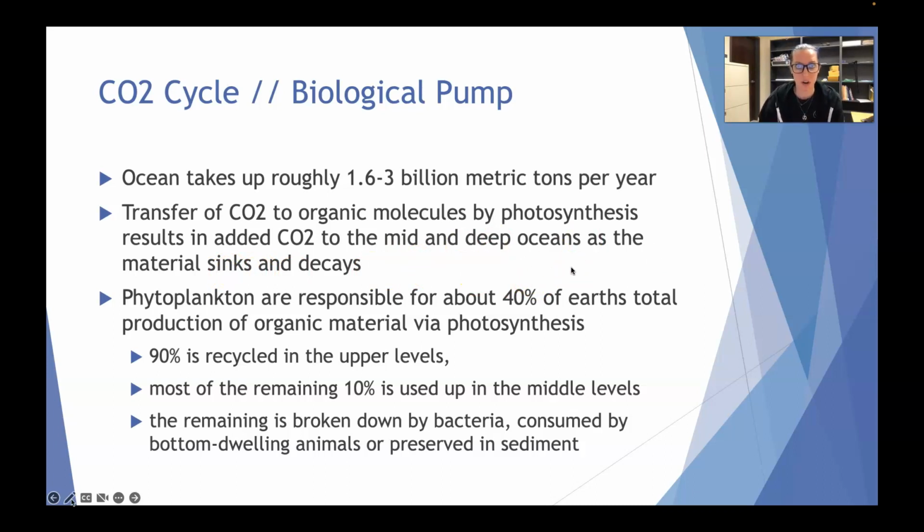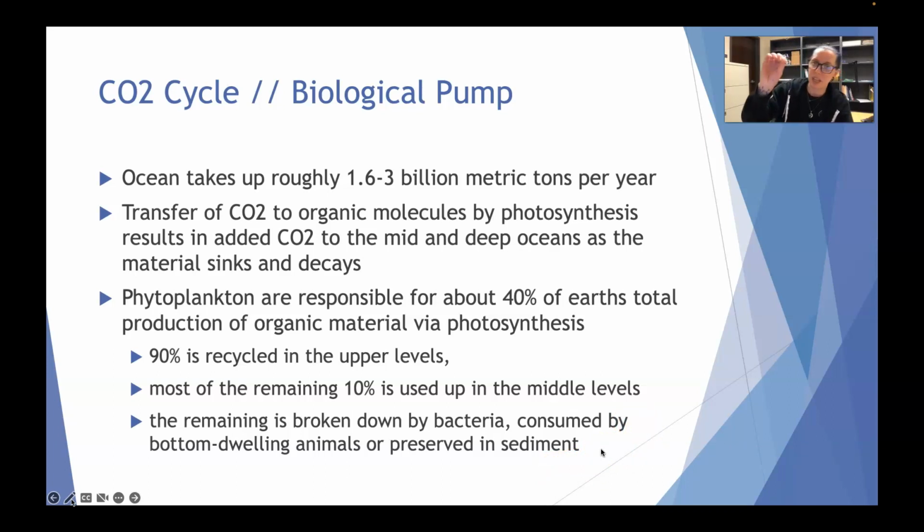Plankton in particular are the big players here. They are responsible for about 40% of Earth's total production of organic material via this process of photosynthesis. 90% of which is recycled in the upper levels, and the remaining 10% gets used up in the middle levels, and then the remaining little itty bitty bit is broken down by bacteria or consumed by bottom-dwelling animals or preserved in sediment.